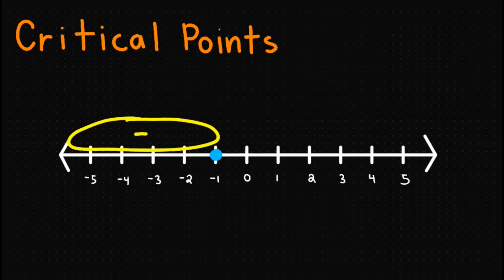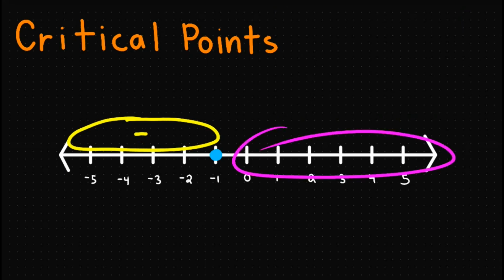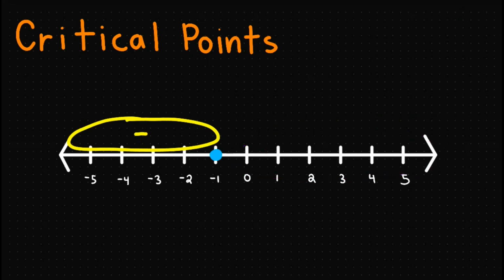On the other hand, if you plug in values from this region, say 0, so 0 plus 1, which is 1, a positive value, and that is true for every value out here.